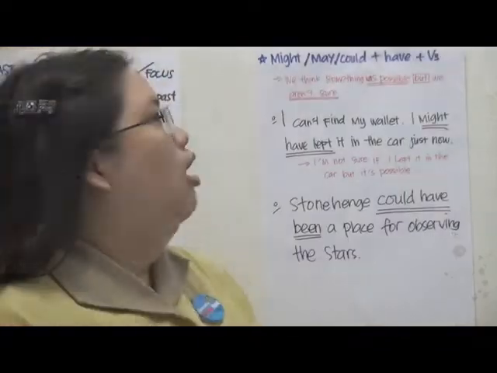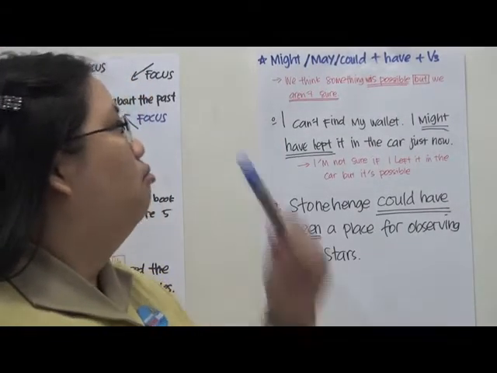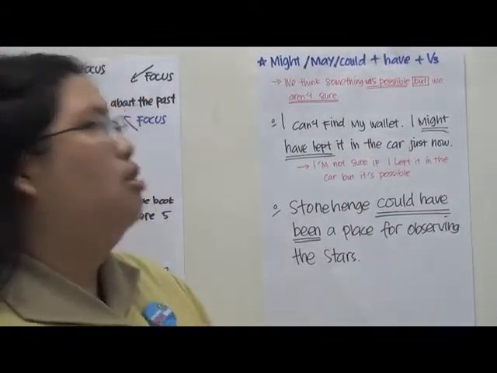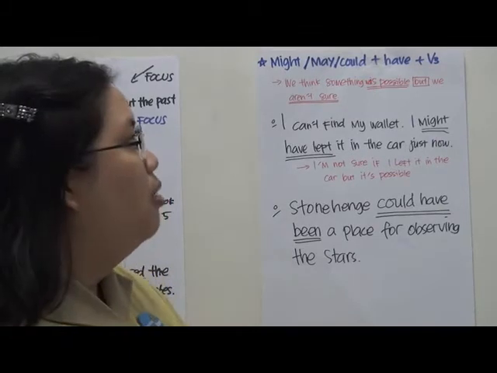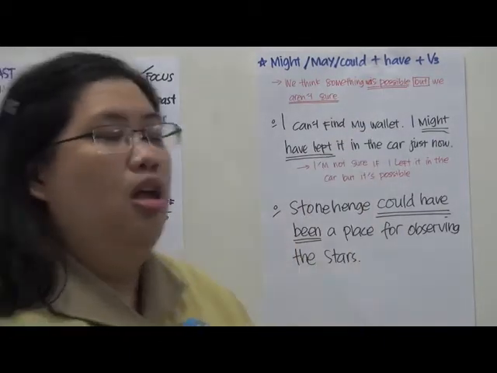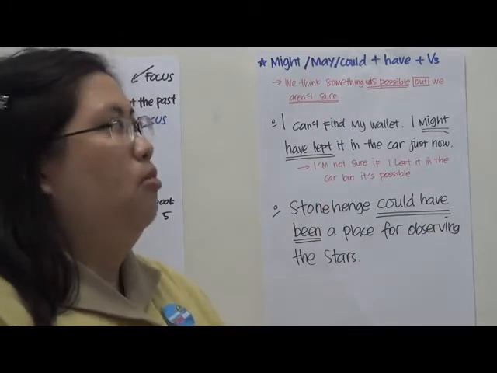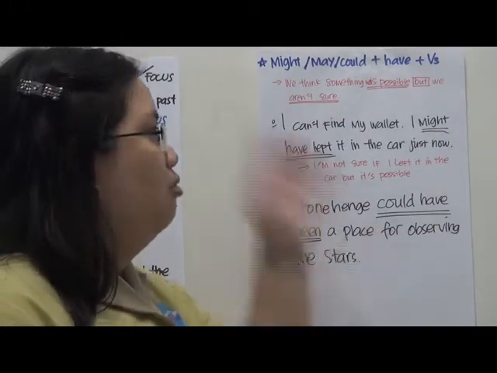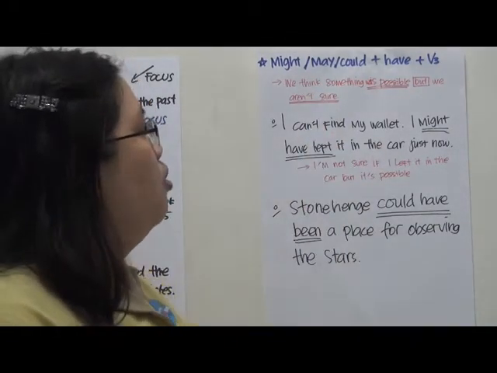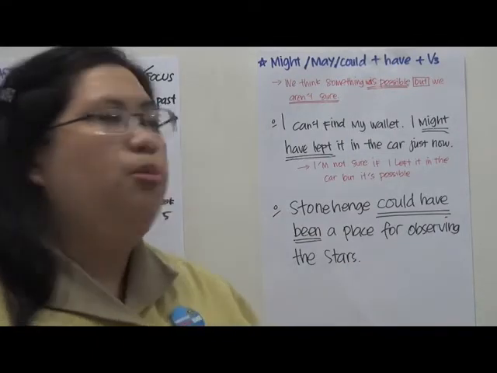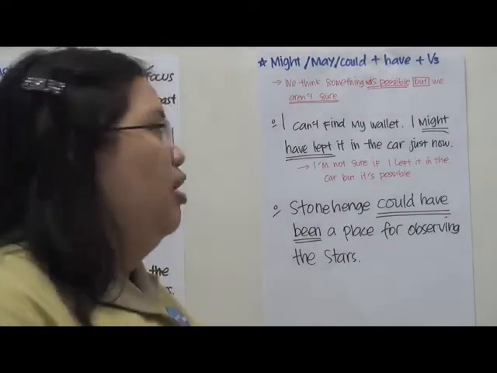Okay, the second one is, well, you can use may, you can use might, you can use could, plus have plus verb 3. These three modals can be used the same, they're not different. So we use them if we think something was possible, but we're not sure about it yet.